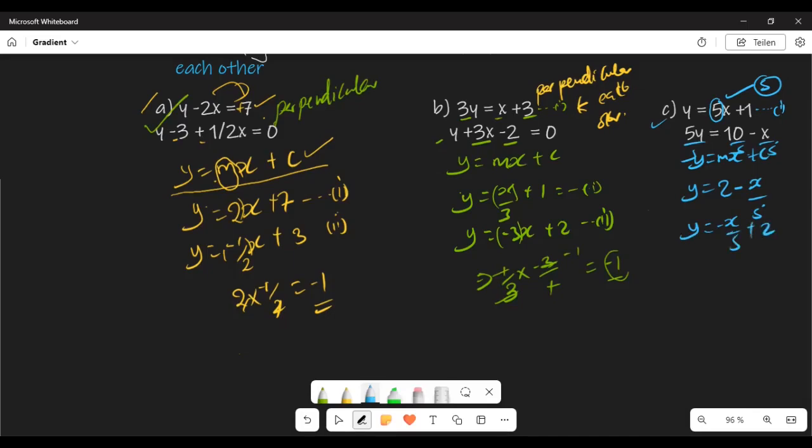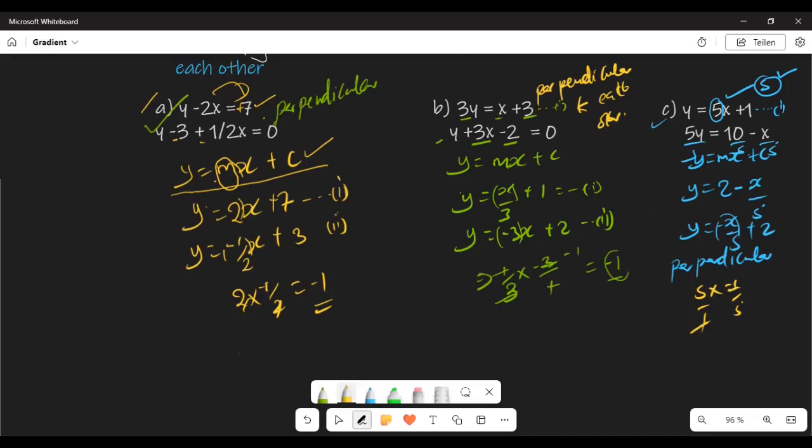So in this case, for the first one we've already found the gradient. Now we're looking for the gradient here, which is minus 1 over 5. To prove whether the two lines are perpendicular, we say we have 5 multiplied by minus 1 over 5, with 5 over 1.